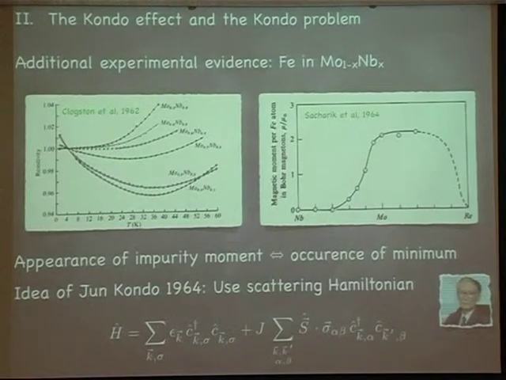Okay, now we have to do a yes, sir. No. Here it's temperature. So here you see this is the resistivity again as a function of temperature, as shown before, and you find this minimum. No, this is the temperature axis, and these are different combinations of molybdenum niobium. It's just increasing niobium.